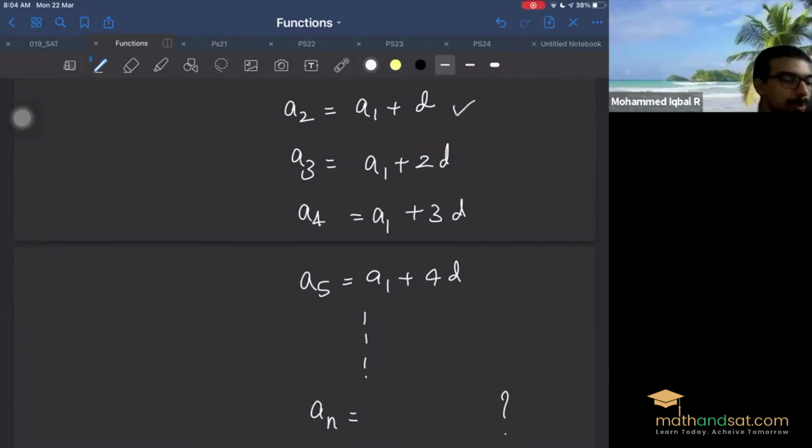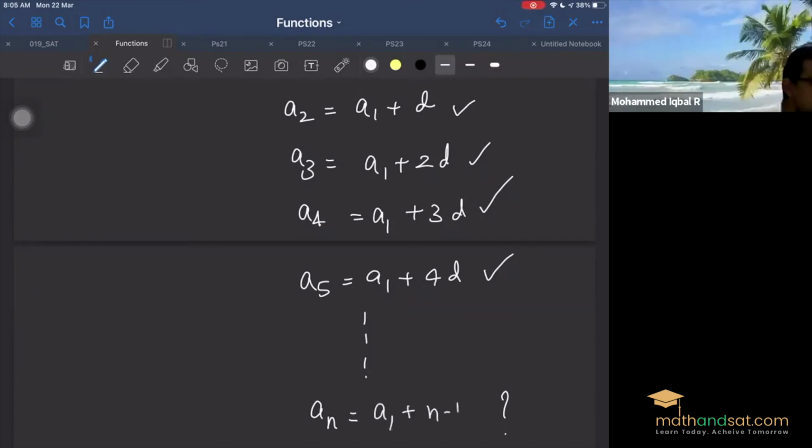See, A2 is A1 plus D, A3 is A1 plus 2D, A4 is A1 plus 3D, A5 is A1 plus 4D. Similarly, AN will be A1 plus n minus 1 times D. Is that clear? Okay.